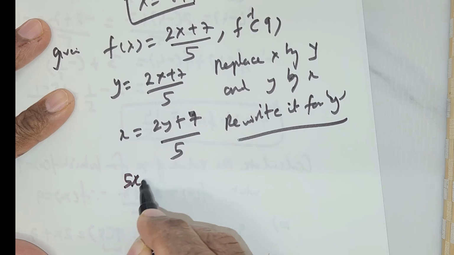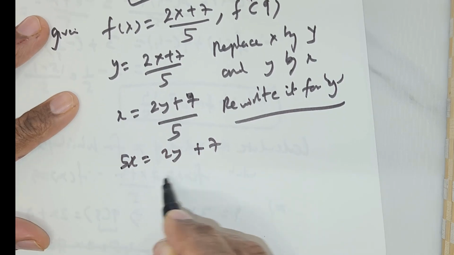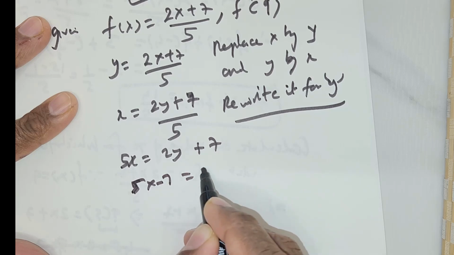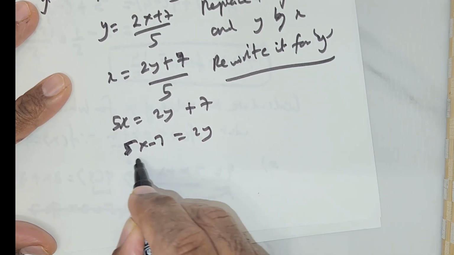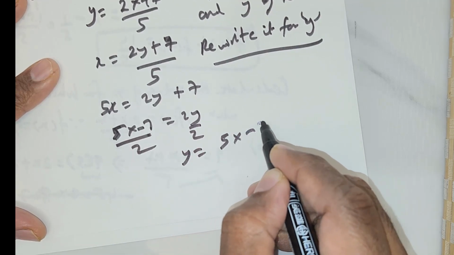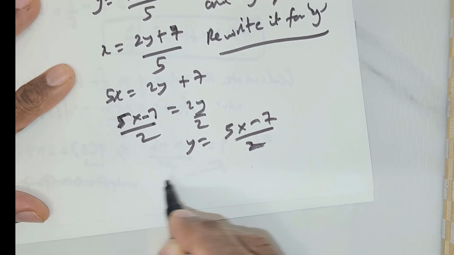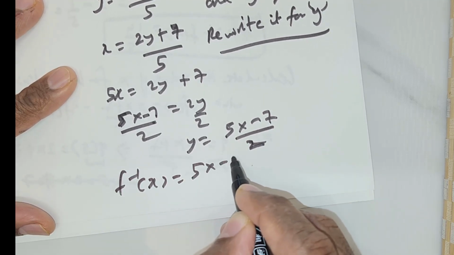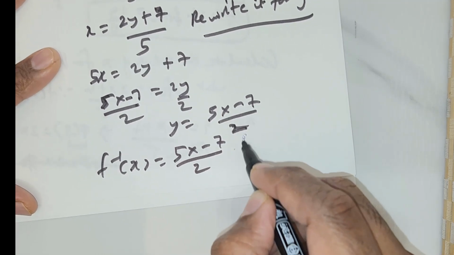So this is going to be 5 times x is equal to 2y + 7. So 5x minus 7 is equal to 2y. So you divide by 2 both sides, you get y is equal to (5x minus 7) divided by 2. What is this? This is my f inverse of x, which is (5x minus 7) divided by 2.